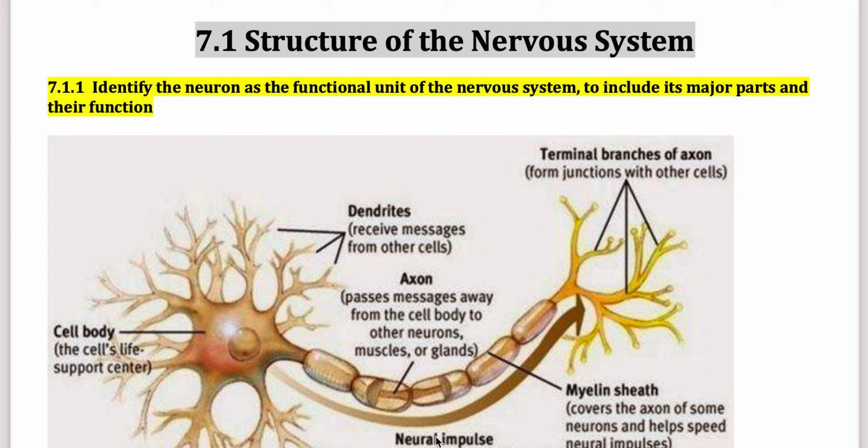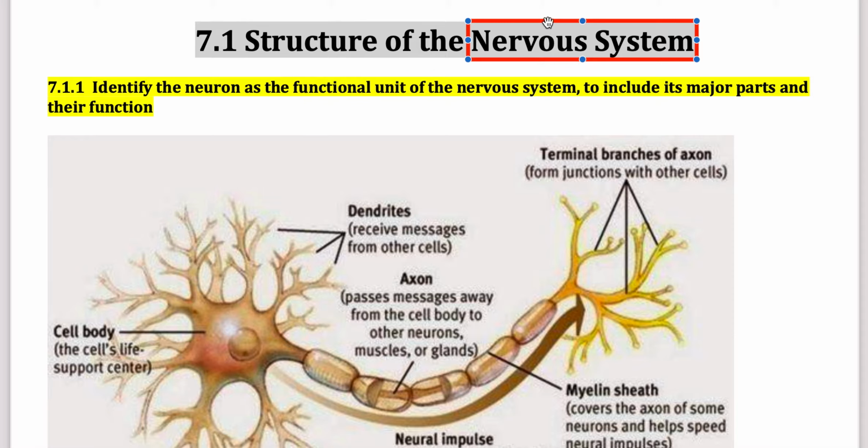Hi everyone, we are meeting once again for the third topic, that is the nervous system, its structure and function. The nervous system is basically the major system of our body that is responsible for controlling all voluntary as well as involuntary functions of our body.